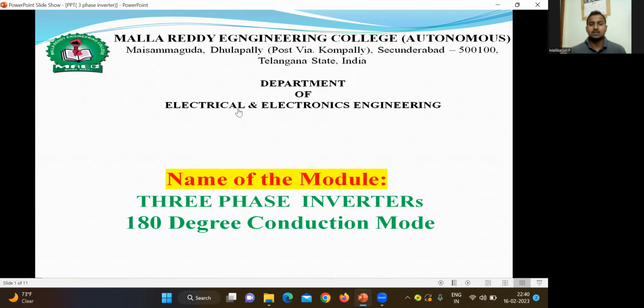So first of all, what is the definition of an inverter? An inverter is a static device. It converts DC power to AC power at a variable voltage and variable frequency. That is, the output side is variable.